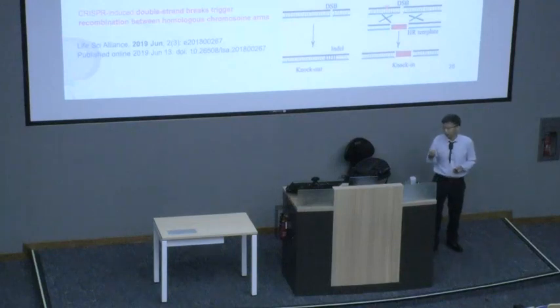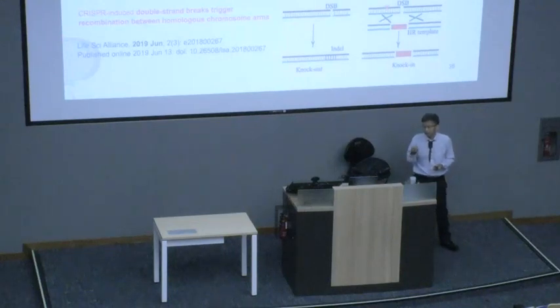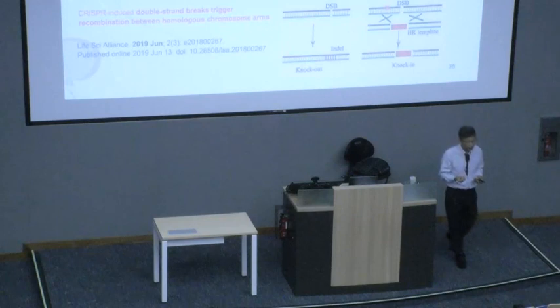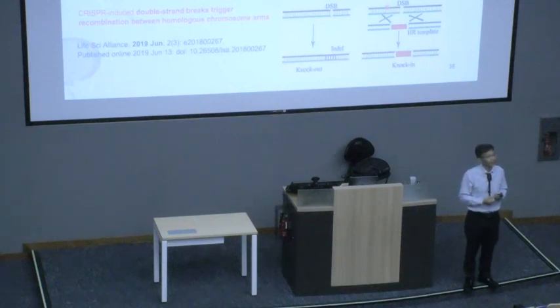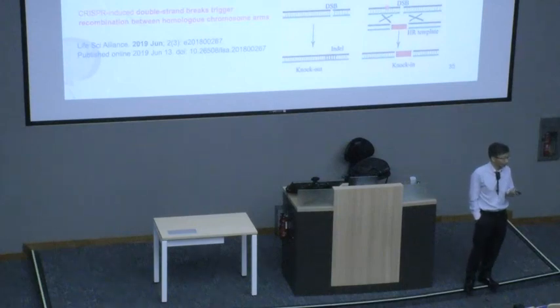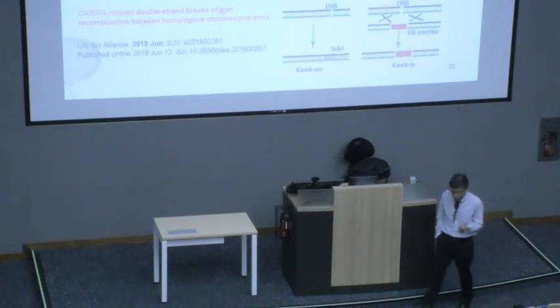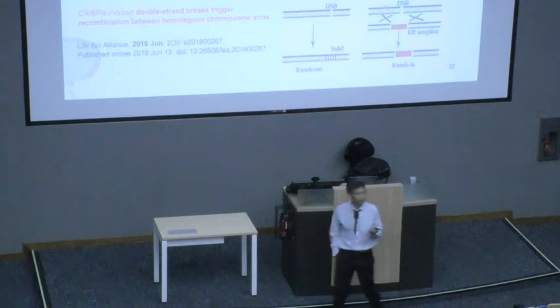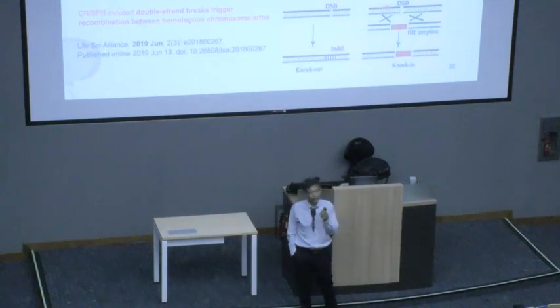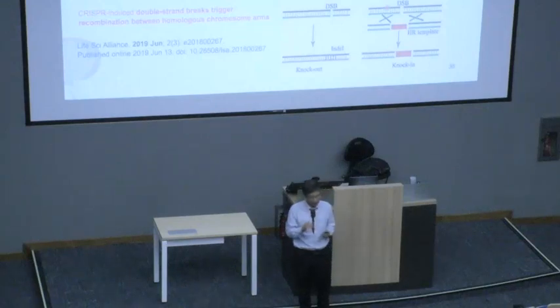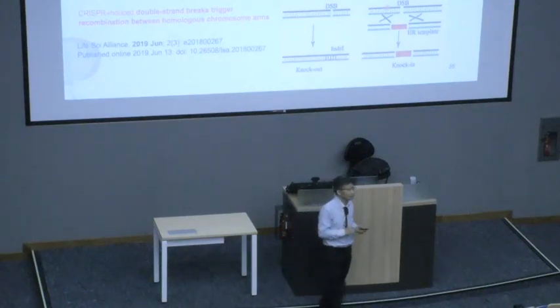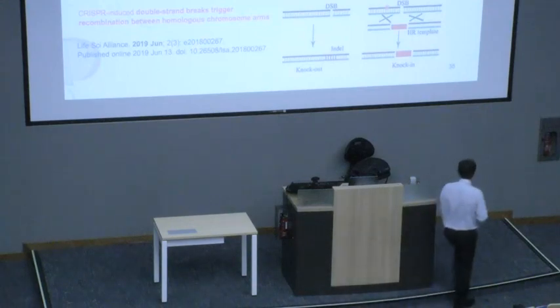So DSB and CRISPR-Cas9 mediated gene editing is very popular and widely used in many research labs right now. If you go later to the higher level courses, for example, the 4,000 level in AOS, or even the 5,000 level, you will have the opportunity to do all this gene editing through CRISPR-Cas9 in the lab.